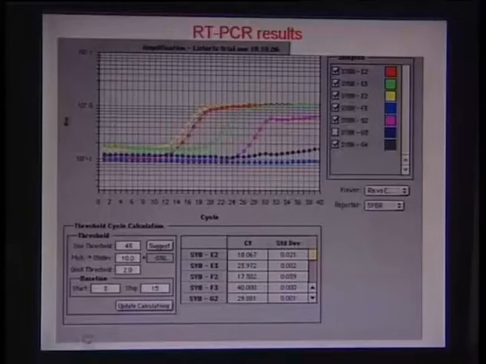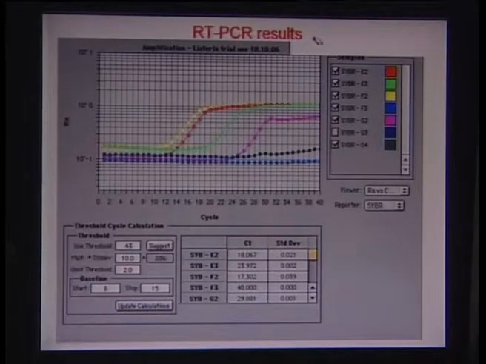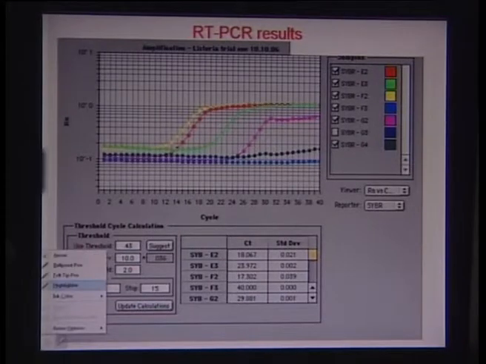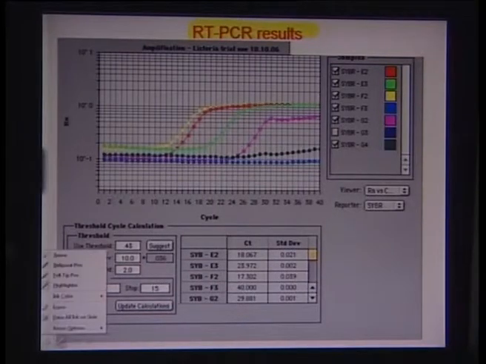So these are some real-time PCR results. This illustrates some of the qPCR or RT-PCR data. As you can see here, these correspond to different initial concentrations of the template.